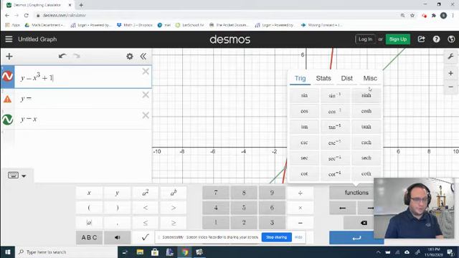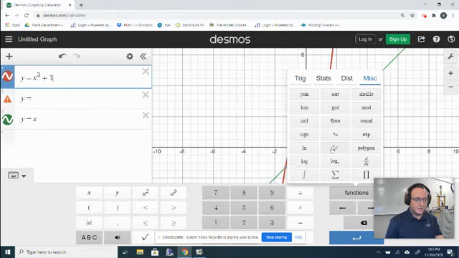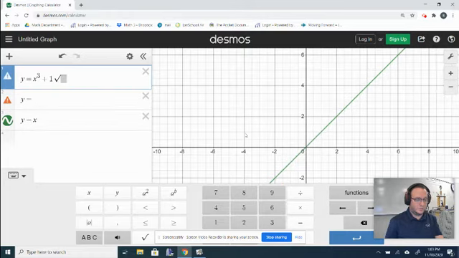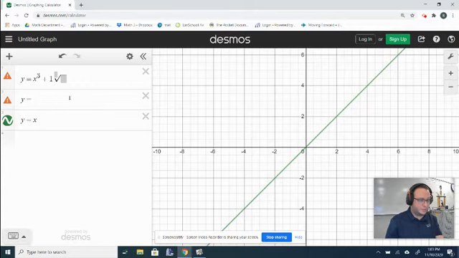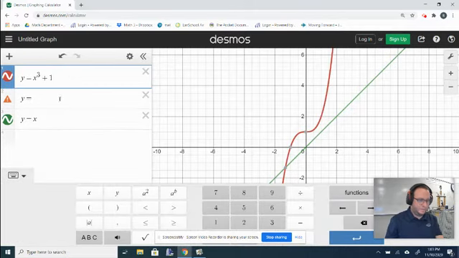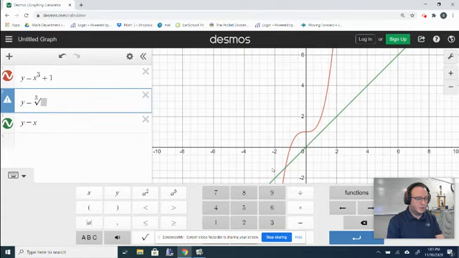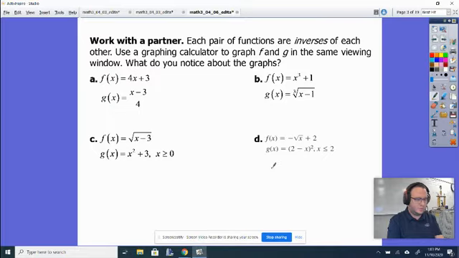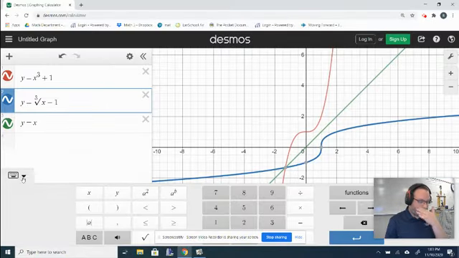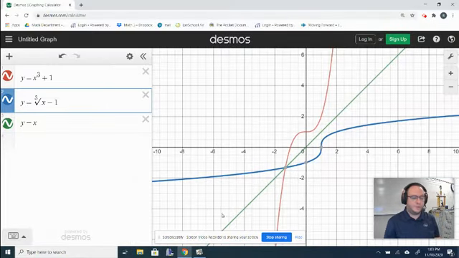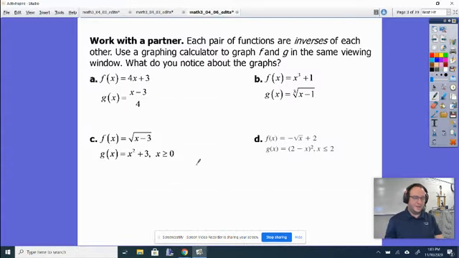We want to go to functions, miscellaneous, and then this n root. I put it in the wrong spot. Sorry. Hold on one second. Here we go. Functions, miscellaneous, root, cube root of x minus 1, I believe. Yep. And we can see here that it folds over that y equals x line. So that's how we know a function is an inverse of another function.